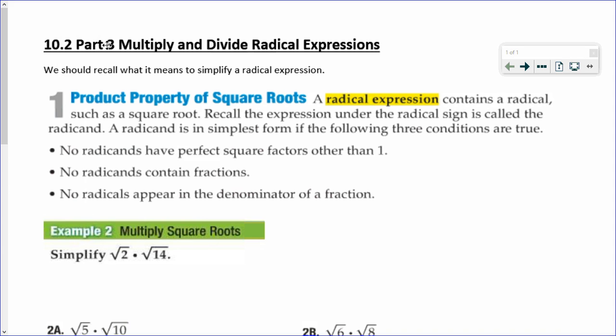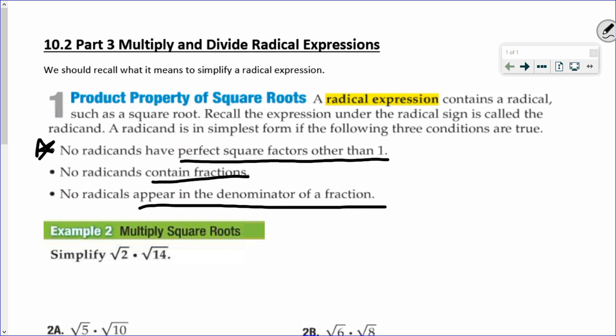Just as a reminder, at the beginning of this lesson 10.2, we talked about simplifying radicals. Let's recall what that means. We can't have any perfect square factors other than 1 inside of the radical. The radical can't contain fractions, so no fractions inside of a radical, and no radicals in the denominator.